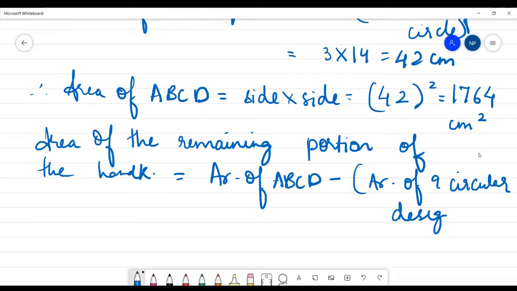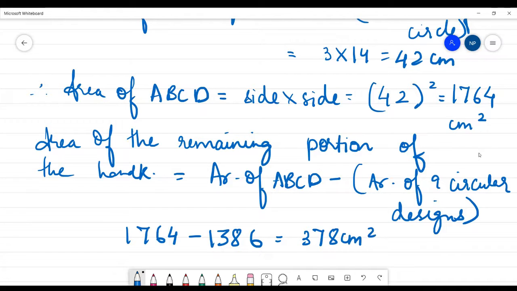So over here we get the answer 1764 minus 1386. We are left with 378 centimeter square.